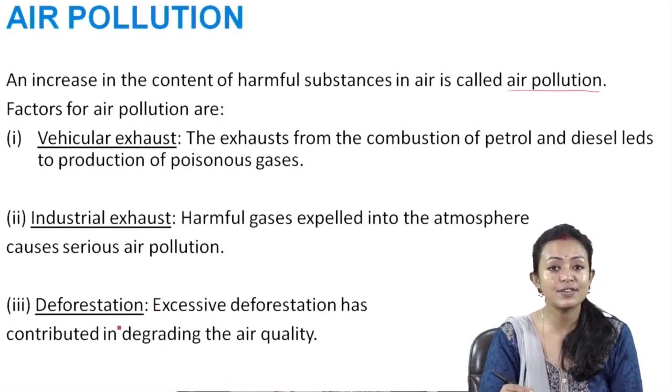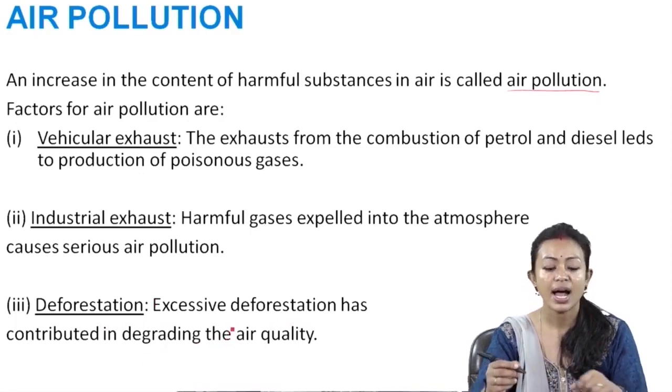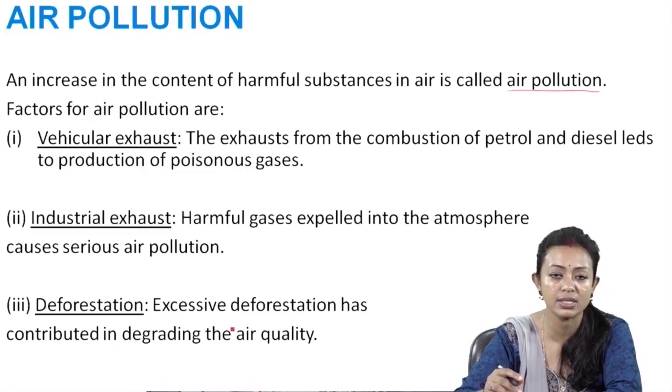The next is deforestation. Excessive deforestation has contributed to degrading the air quality. Now, how is deforestation responsible for air pollution? We know that plants keep the levels of carbon dioxide and oxygen in balance.